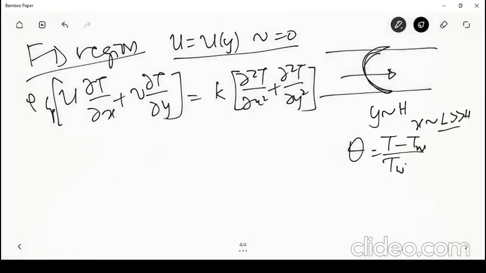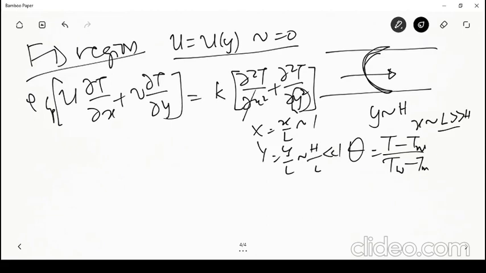If I say θ is (T minus T mean) divided by (T wall minus T mean), I can do this, or I can just keep it as T itself and just normalize the length with respect to L. Then I'll get an x here, which is x by L, of the order of 1, and a y here, which is y by L, of the order of h by L, which is much less than 1. So this term will become small and negligible as compared to the ∂²T/∂y² term. That's an order of magnitude analysis I will do.